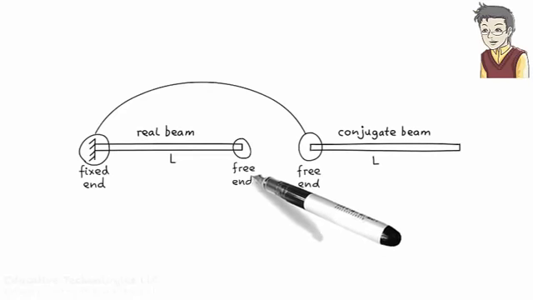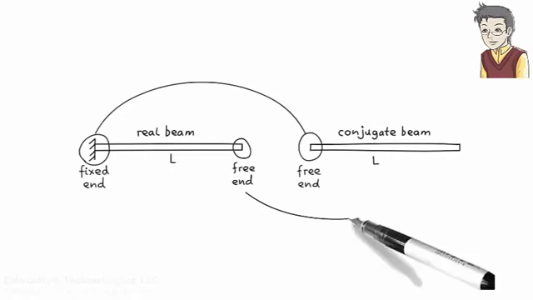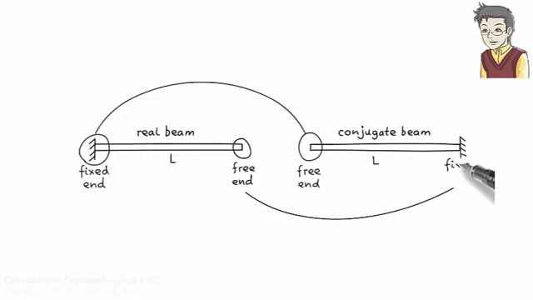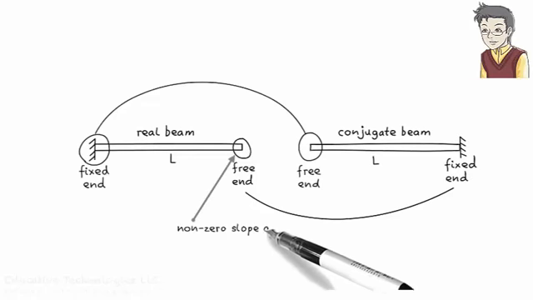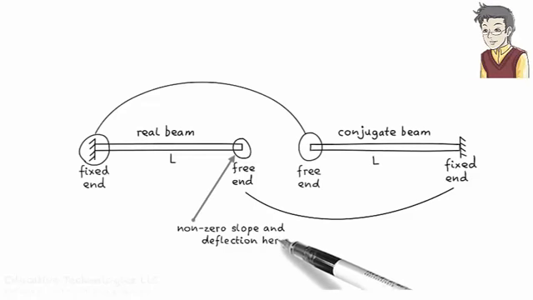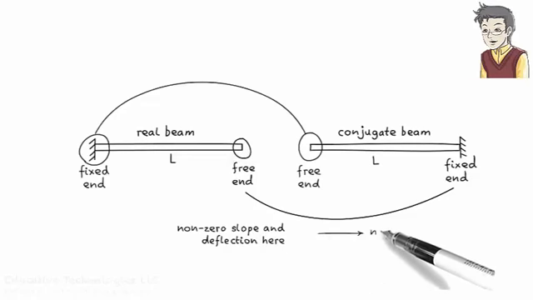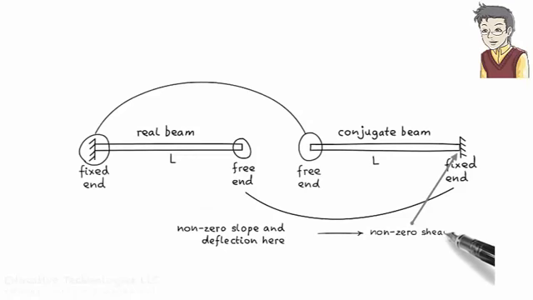What would be the corresponding support in the conjugate beam? The free end in the real beam becomes a fixed support in the conjugate beam. Why? Because the real beam has a non-zero slope and a non-zero deflection at the free end. Therefore, the conjugate beam must have a non-zero shear and a non-zero moment at the point.